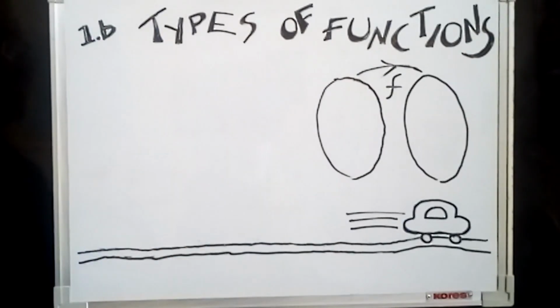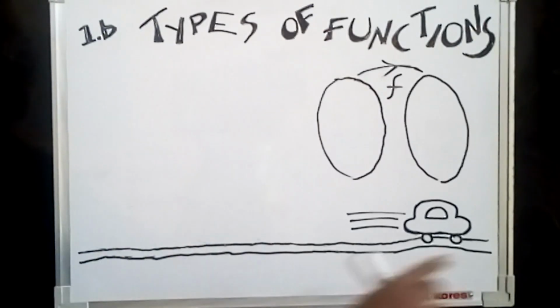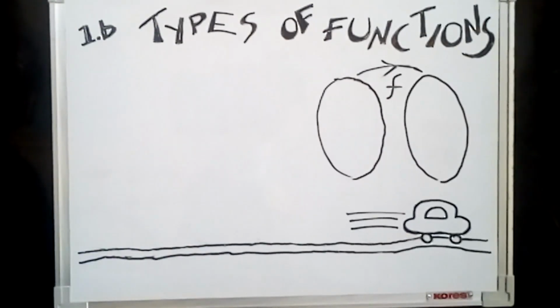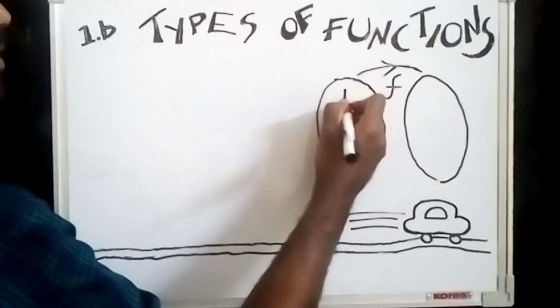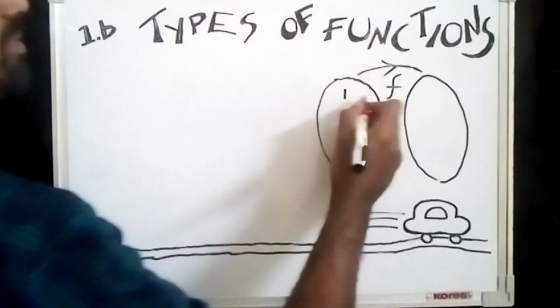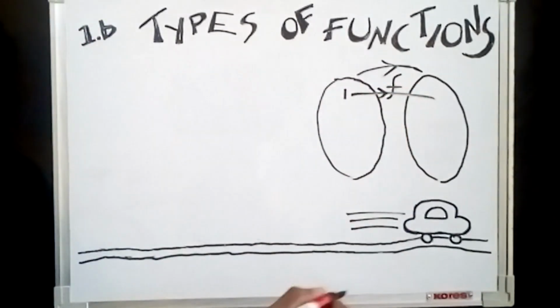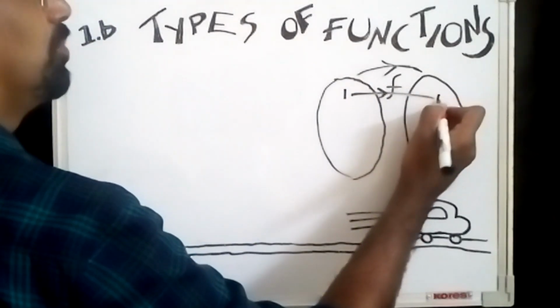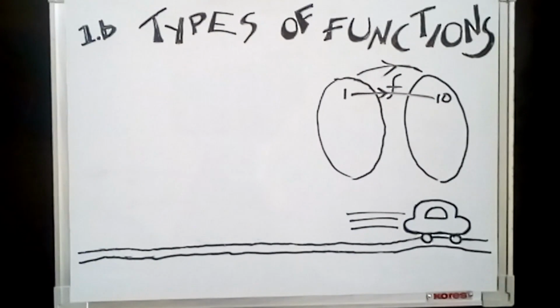Here we can associate two quantities with the movement of this car. One is time and the other is position. Let after 1 hour, the car has reached 10 kilometers away from the starting point.